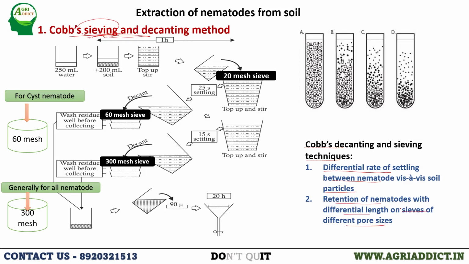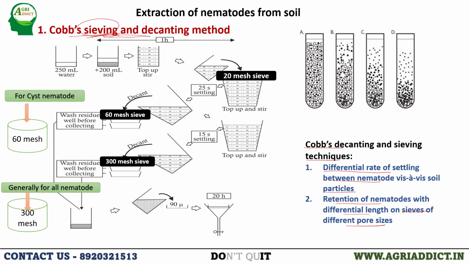Here sieves of different pore sizes are used, like the 20 mesh sieve, 60 mesh sieve and 300 mesh sieve. These mesh sieves have different pore sizes. Different nematodes have different sizes; some may be very fine in nature, while some, like cyst nematodes, are entirely bigger compared to other small nematodes.